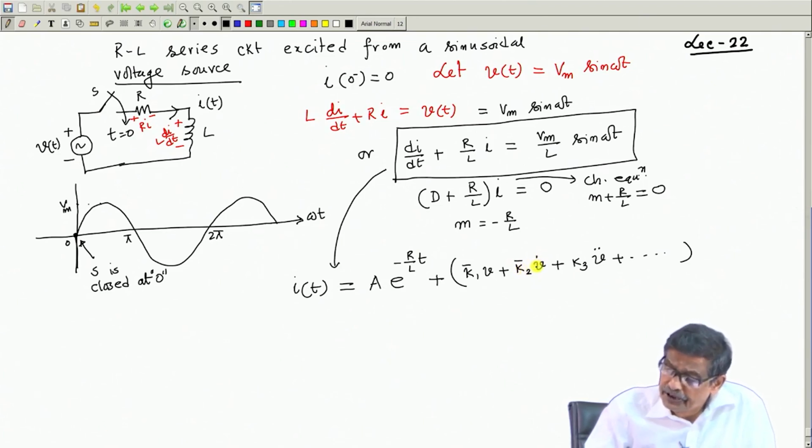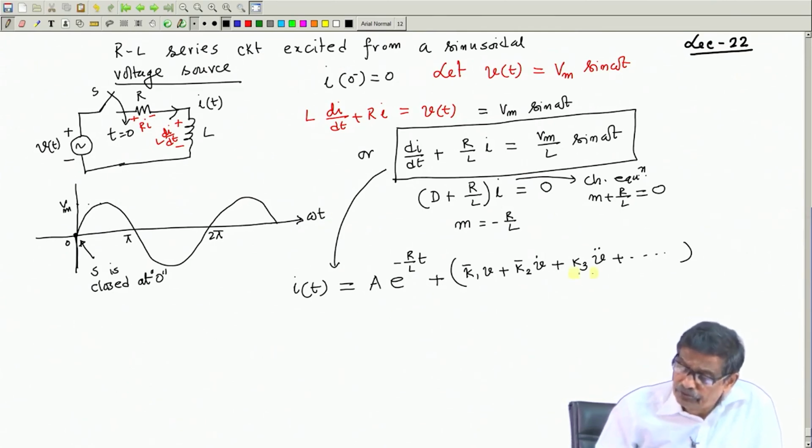Then if you differentiate V dot to get V double dot, once again a sin omega t term will come. So alternately the terms will be sin omega t, cos omega t, sin omega t, cos omega t, of course with different constants, and that is to be added up to infinity.